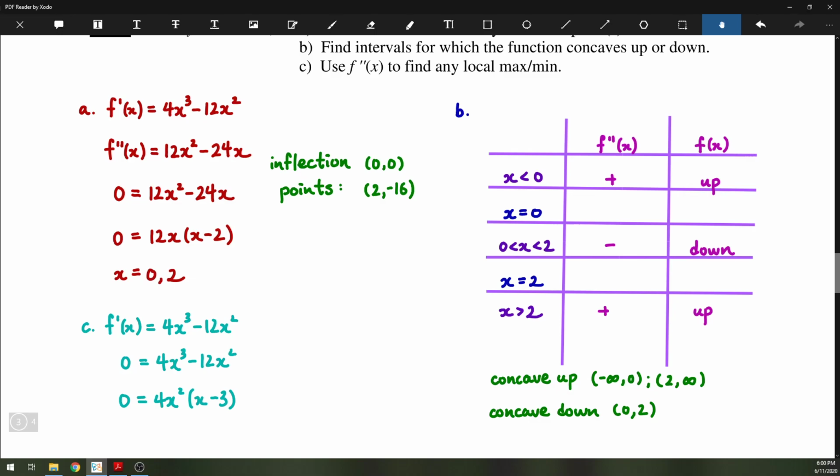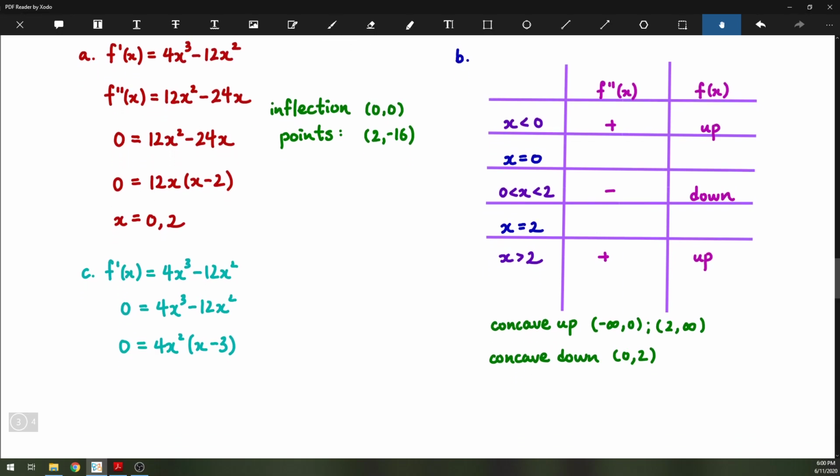So of course that just means that x is equal to 0 or 3. Now we already know that at x equals 0 we have an inflection point, so that's not a local maximum nor minimum.